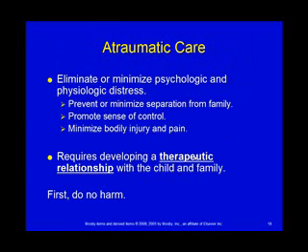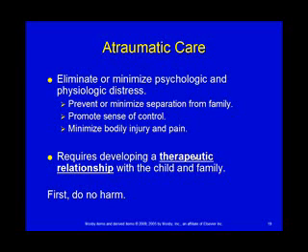Another really important concept is atraumatic care. In atraumatic care, our goal is to eliminate or minimize physical or psychological distress. We want to minimize or eliminate the distress the child will feel. So we do that by preventing or minimizing the separation between the child and the family, promote a sense of control, minimize bodily injury and pain.